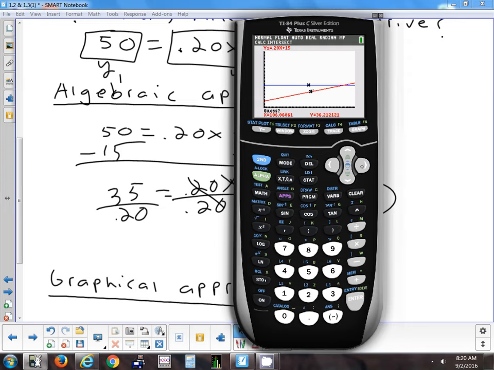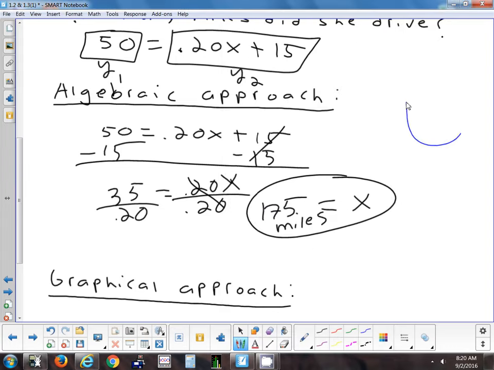And then the guess. It doesn't really matter where you put the guess. The calculator is going to find it, but just try to go over close to where they cross. The guess is really only important if you have more than one intersection on the screen. Let's say you had like a parabola and something like that.